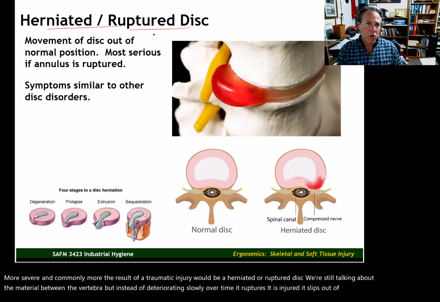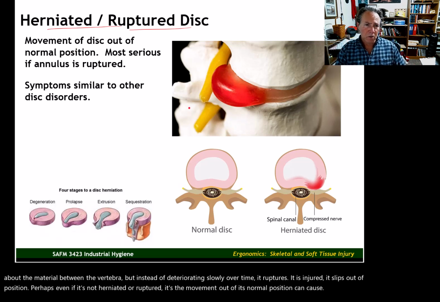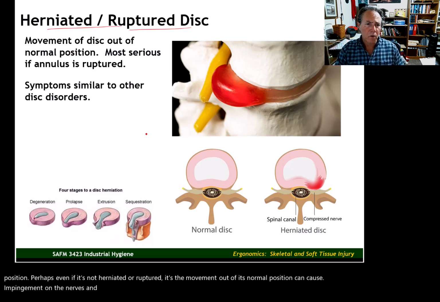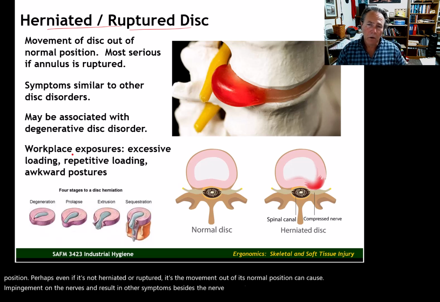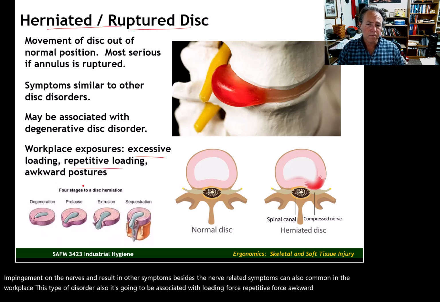Even if it's not herniated or ruptured, the movement out of its normal position can cause impingement on the nerves and result in other symptoms besides the nerve-related symptoms. Also common in the workplace, this type of disorder. Also, it's going to be associated with loading, force, repetitive force. Awkward postures also play a role.